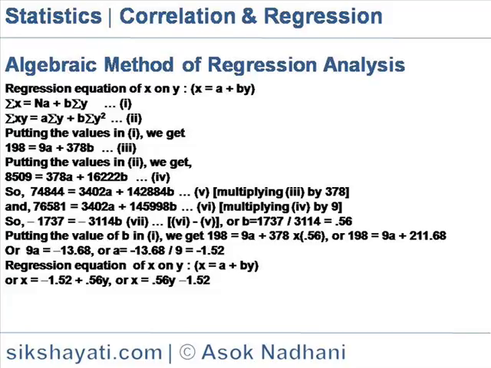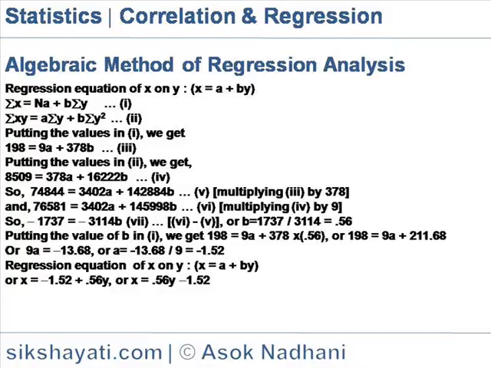So putting the values in 1 from the table, we get 198 is equal to 9a plus 378b, and putting the values in the second relation from the table, we get 8509, that is sigma xy, is equal to 378a, sigma y is 378, plus 16,222b, sigma y square is 16,222b.